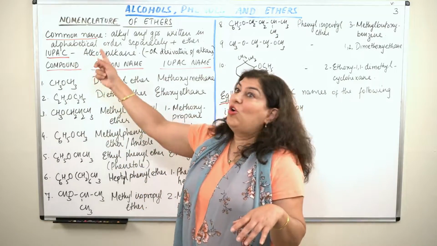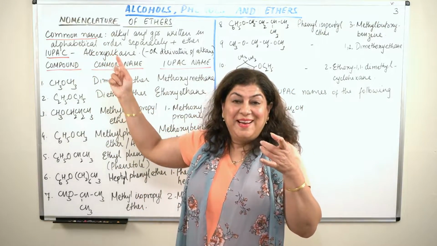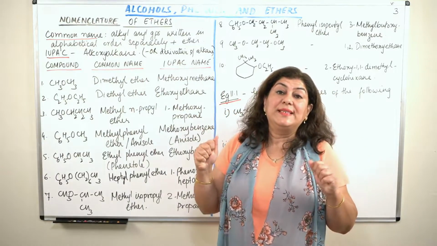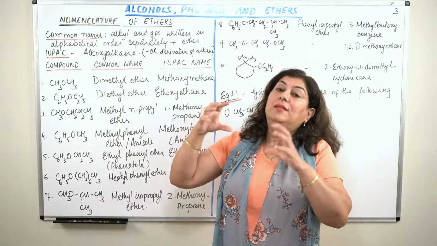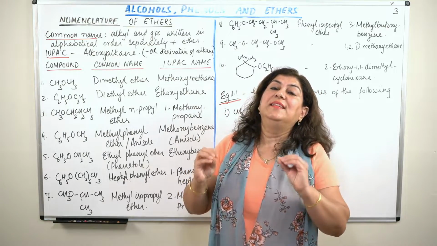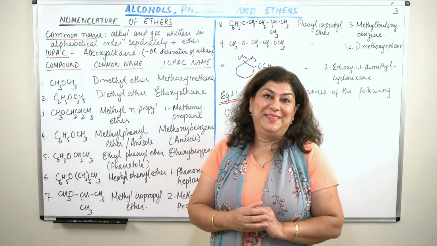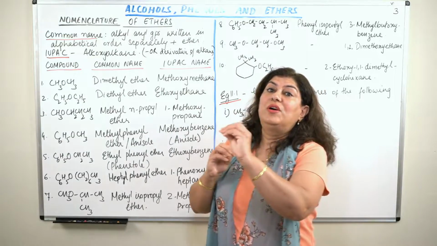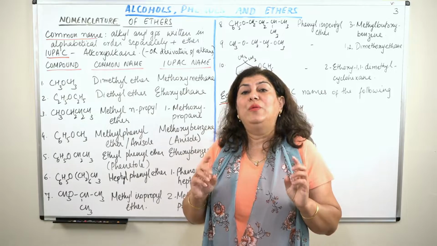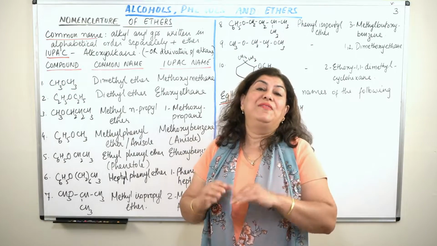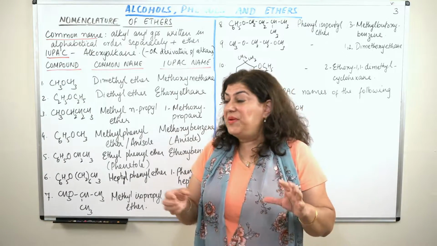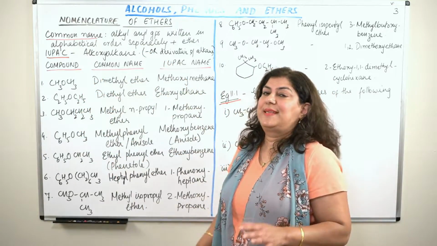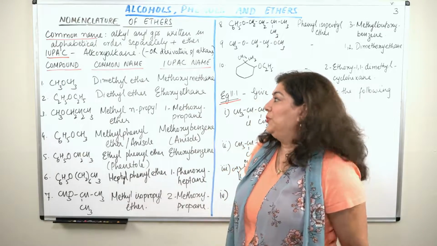So we say they are alkoxy derivatives, right? So they are treated as substituents, and for these substituents, the order of preference is alphabetical order. When you choose which one should get a lower locant, you will choose the one which is smaller in alphabet. This is really interesting. You might find it a little confusing, but as I do these examples, this is going to become very clear to you.